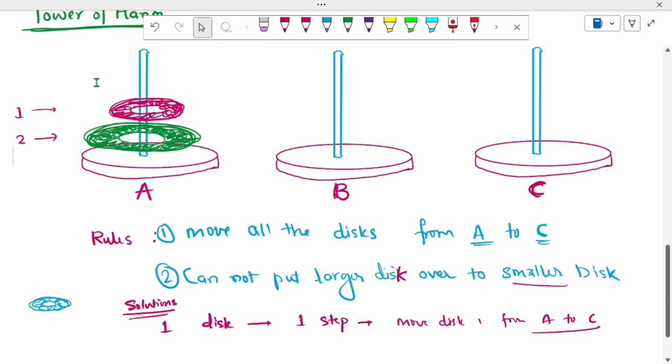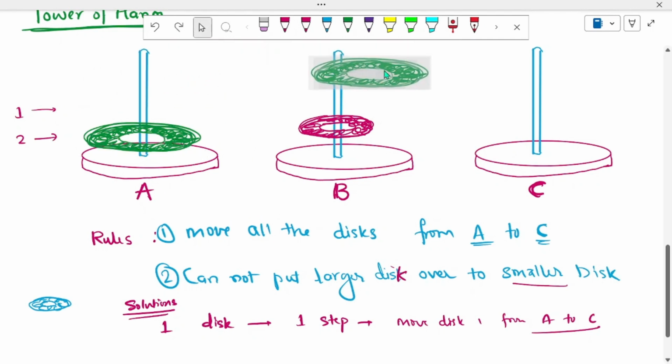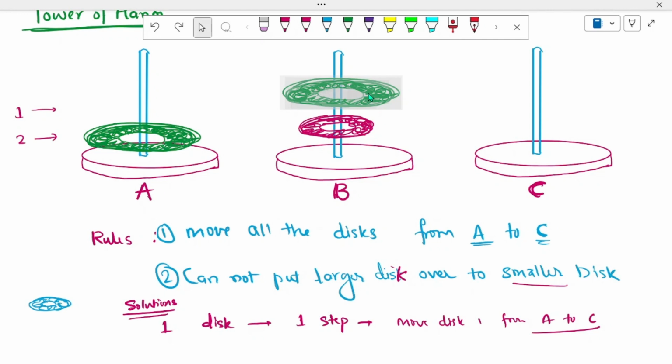Now what I need to do is take the first disk and put it here, then take the second disk. I cannot put it on this because it is going to violate my first rule, because I am putting a bigger disk over a smaller disk, which is not feasible.